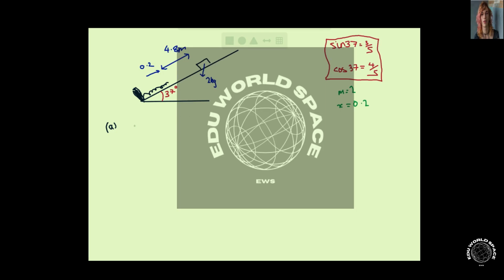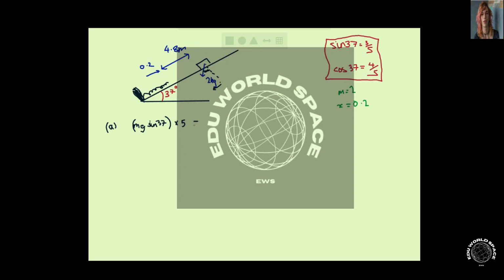So what we can say is that mg, and we must resolve this component parallel to the slope. So as we can see here, this angle is equal to 37 as well. So this component is sine 37. So this is the force, but we must multiply by the distance, which is 4.8 times 0.2 to obtain the work done.